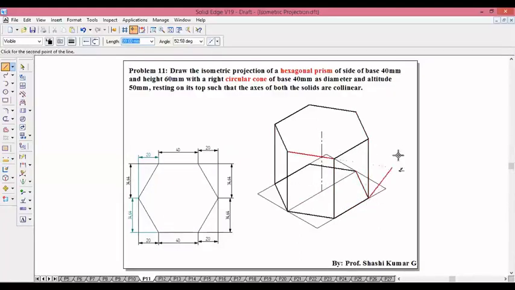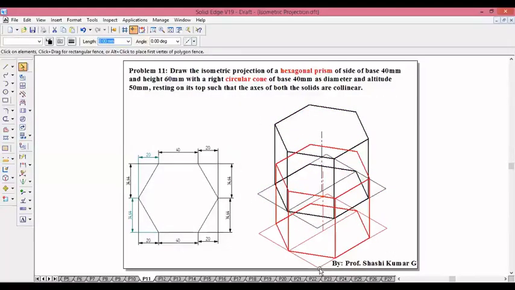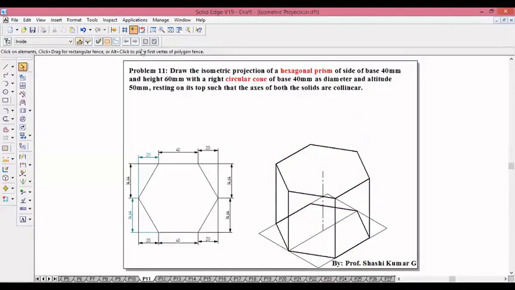So this completes the hexagonal prism. Let me take this a little bit down, because above this we need to draw the cone.